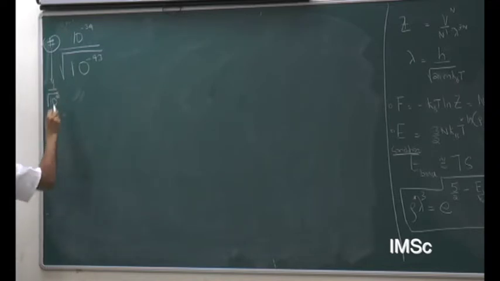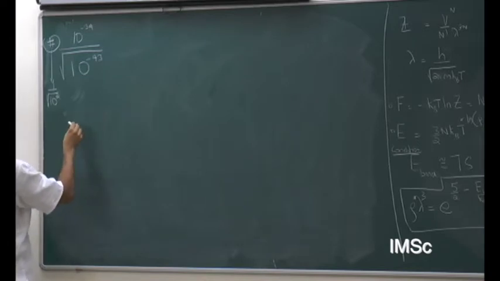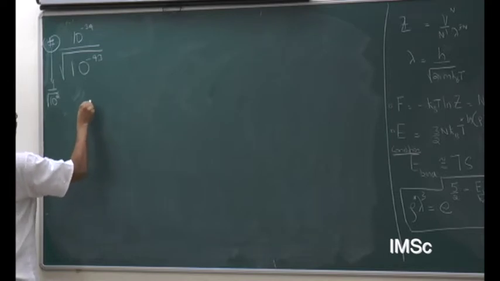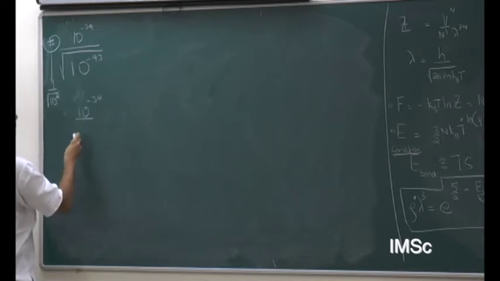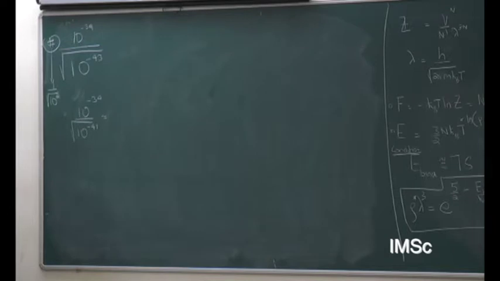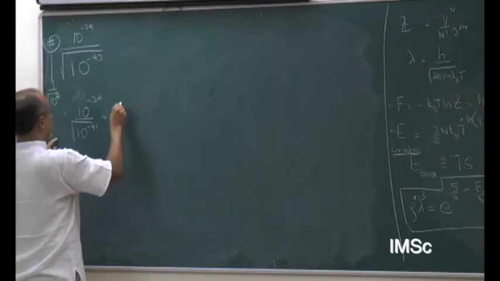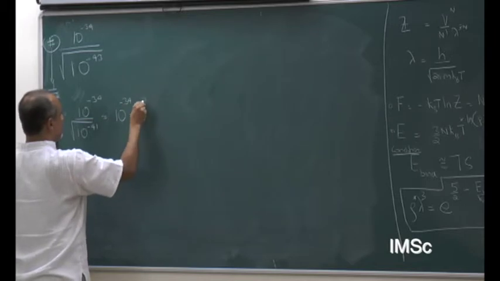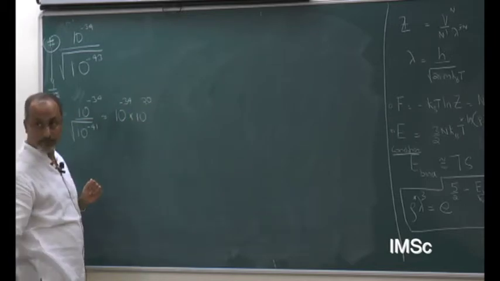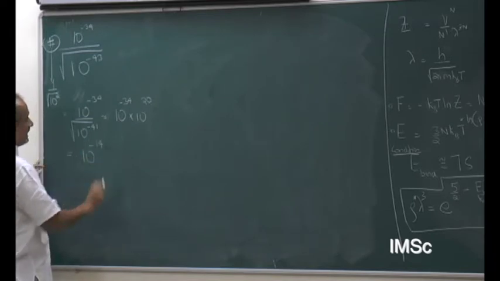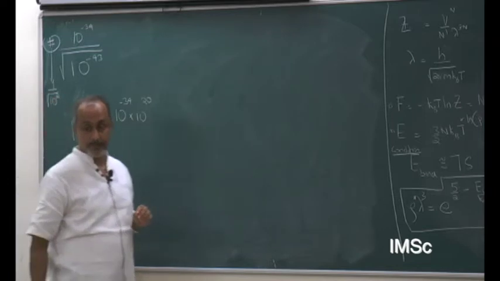So then this makes it a little easier for me to calculate, because then this becomes 10 to the power minus 34 divided by square root of 10 to the power minus 41, let us say minus 40, and this would be 10 to the power minus 34 into 10 to the power, let us say 20 odd here, which is about 10 to the power minus 14 roughly.